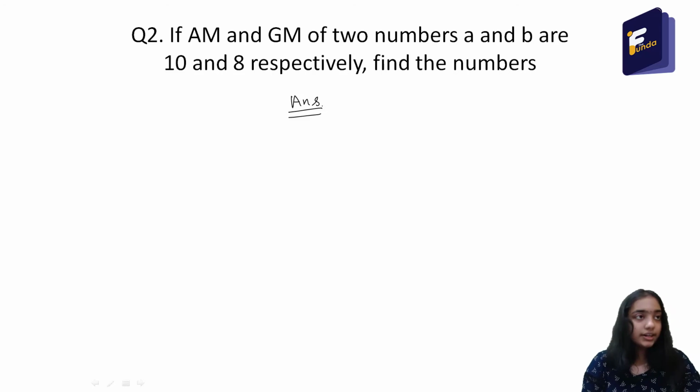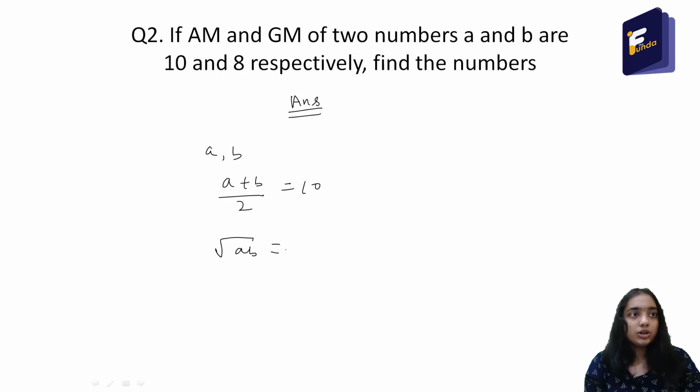Now we are given that the numbers are a and b. The arithmetic mean of the numbers a and b is 10. So a plus b by 2 is 10. This is the arithmetic mean, a plus b by 2, that is 10. And the geometric mean is 8, so root ab is equal to 8.